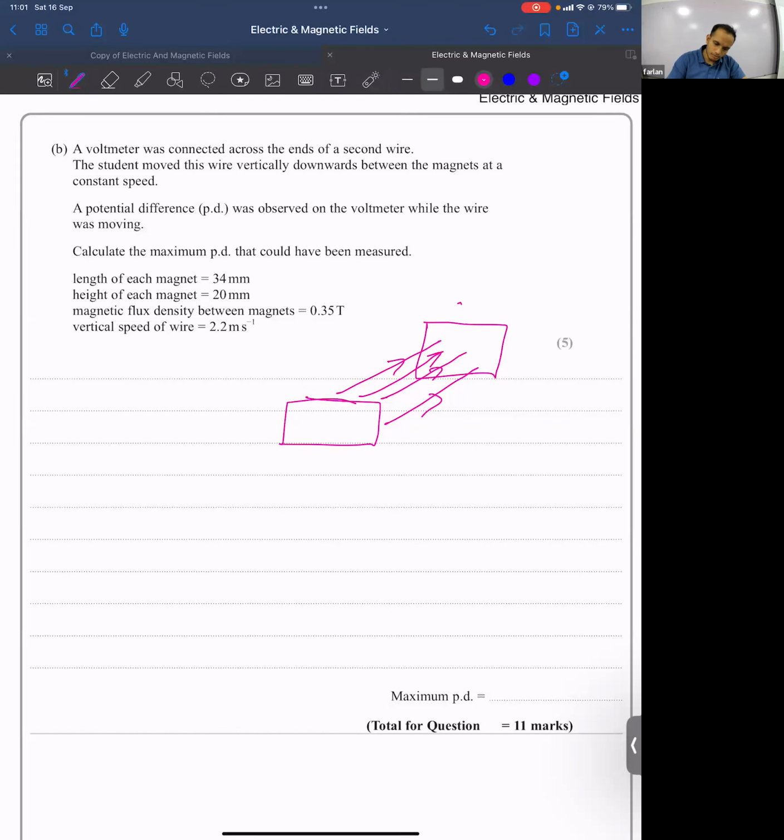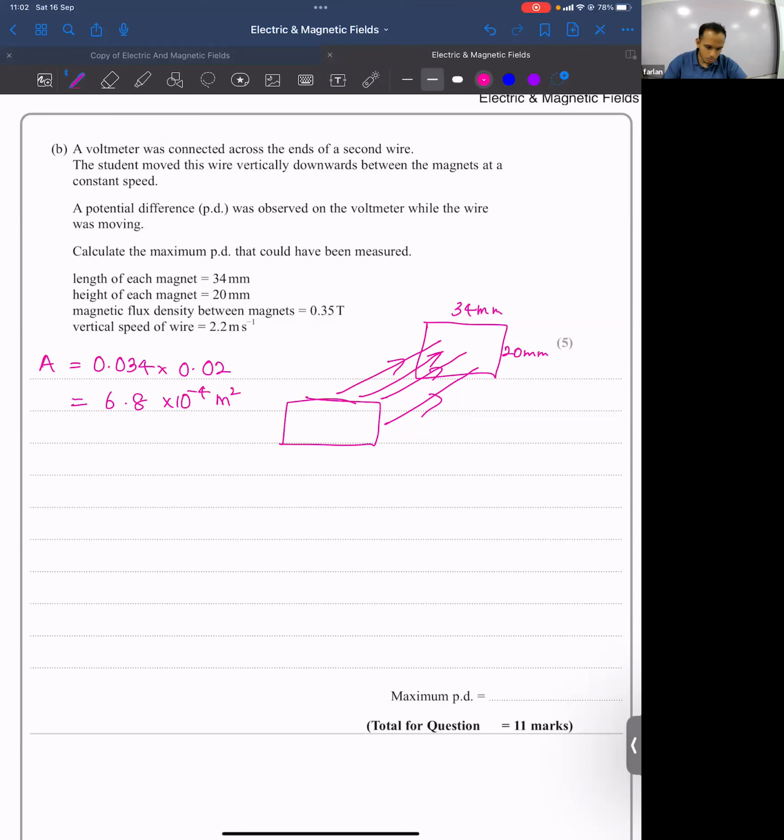So what is the area of this? Length is 34 millimeters. Height is 20 millimeters. So the area of a face: 34 millimeters means 0.034 meters, 20 millimeters means 0.02 meters. 0.034 times 0.02 is 6.8 × 10^-4 square meters. That is the area.